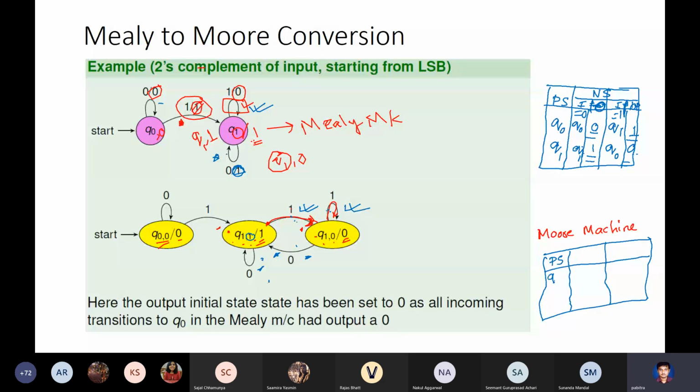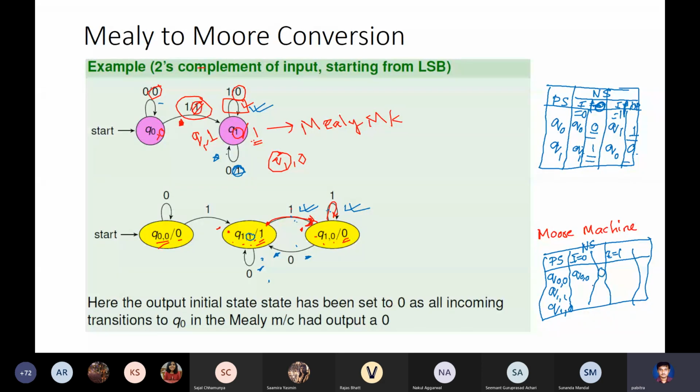You write Q00, Q11, Q10, and this is the next state. Input equal to 0 and input equal to 1. I'm just writing the output. Okay, so Q00 on receiving an input of 0 is back to Q00 and produces an output of 0.